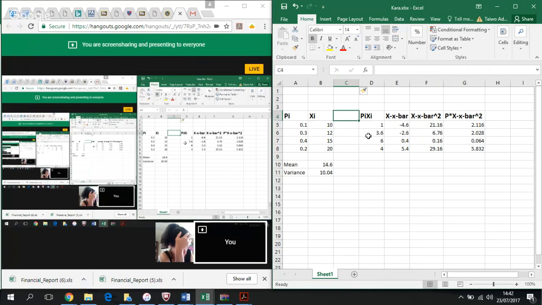Covariance equals the summation of x minus x bar multiplied by y minus y bar.